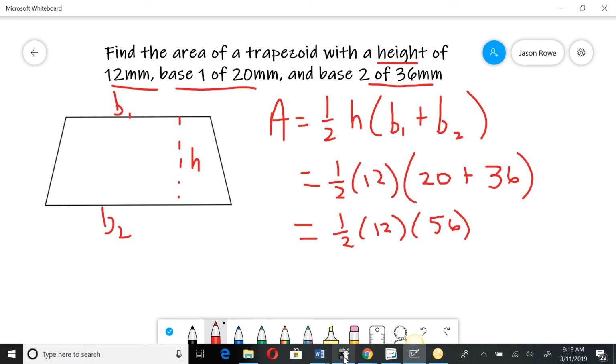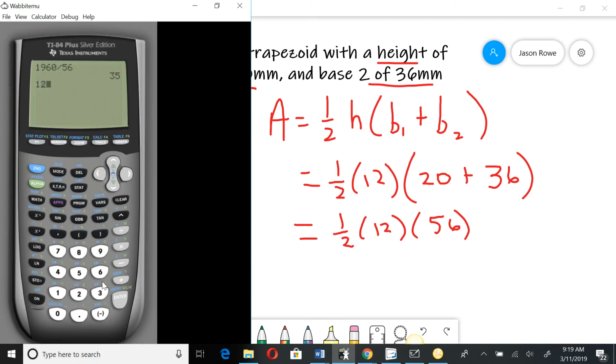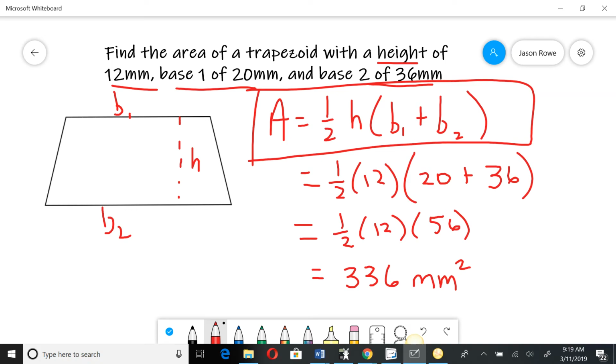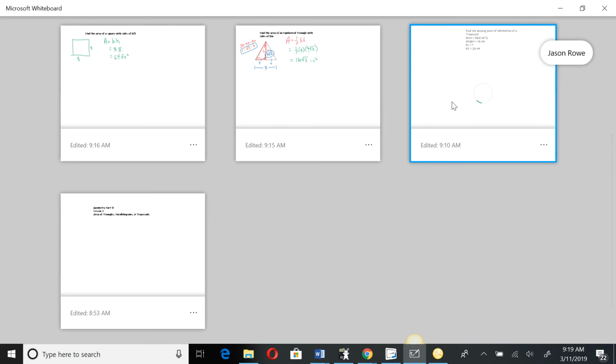And now I'm just going to pull out my calculator. 12 times 56, and then 1/2 means to divide by 2. That gives me 336 millimeters squared. So make sure you pay attention to the formula. You substitute in the right places. Make sure the bases are in parentheses. Add those together first.